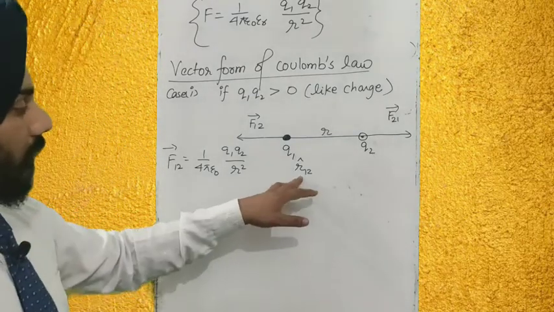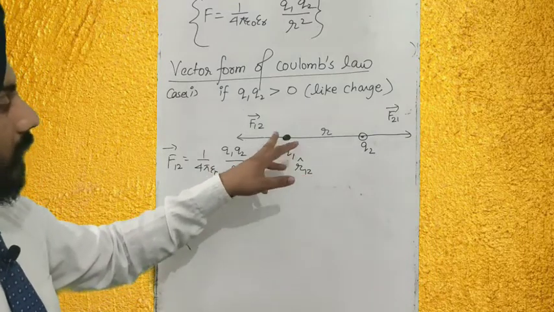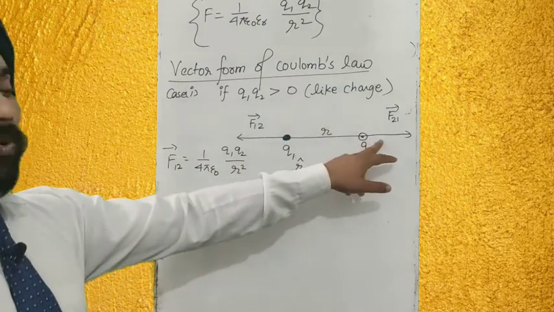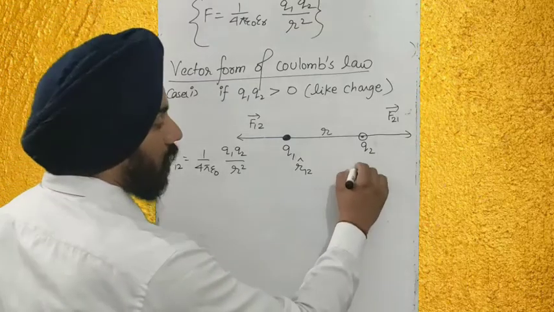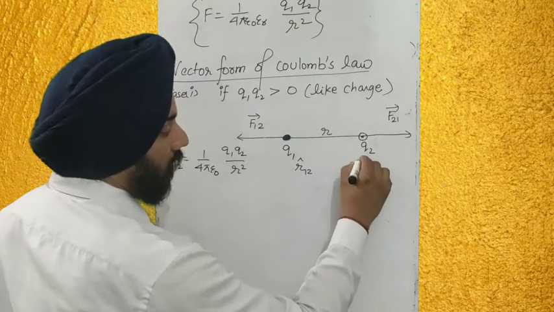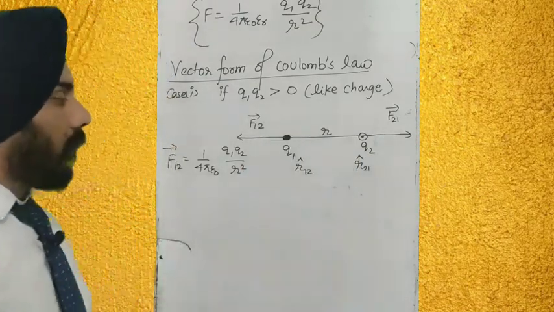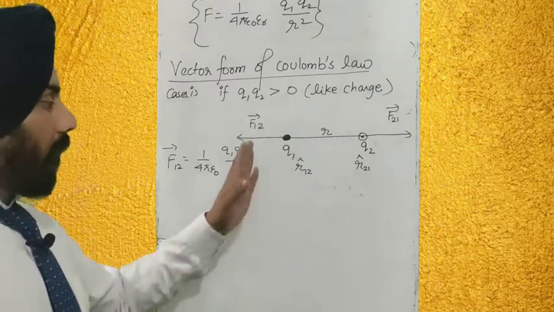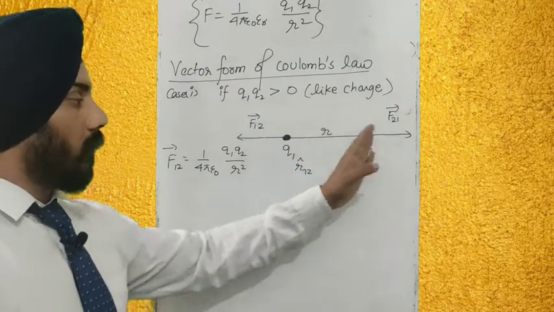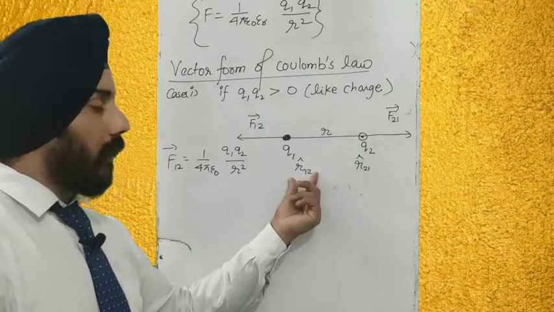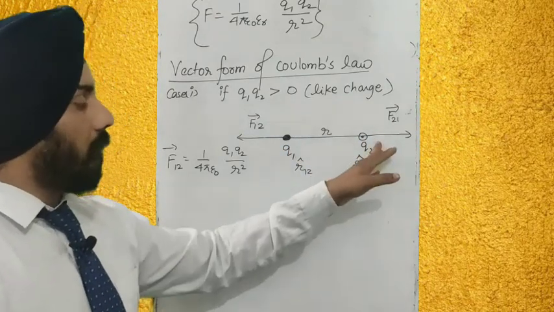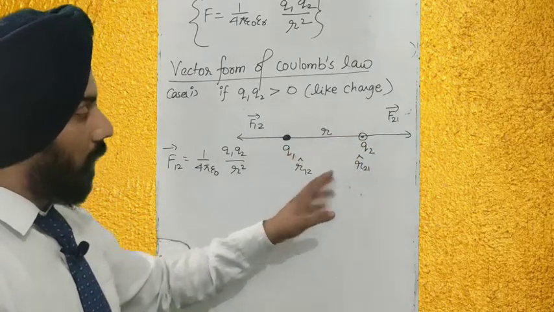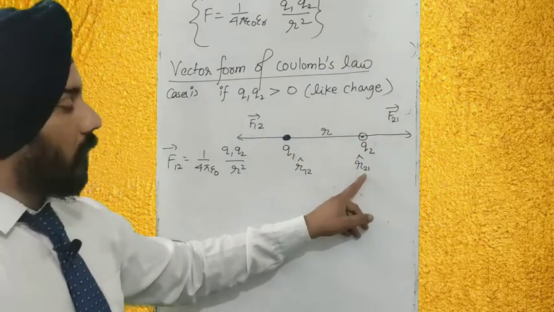R12 is the unit vector which represents the direction from 1 to 2. Here we also introduce another unit vector R21 which has direction from 2 to 1. If we are going from Q1 to Q2, we will take R12. If we are moving from Q2 to Q1, then we will take R21.